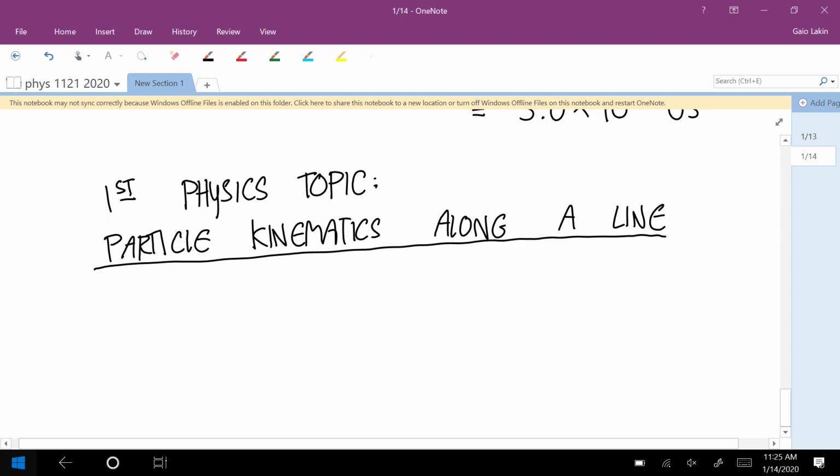Okay, well, there's 3 bits of information in this long title. One, it deals with particles. Second, it's kinematics. And third, it's along a line. So what do these things mean?